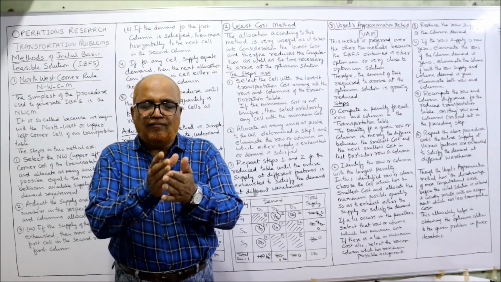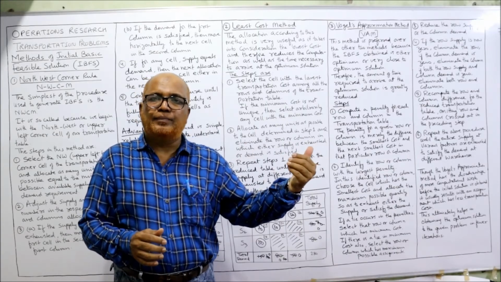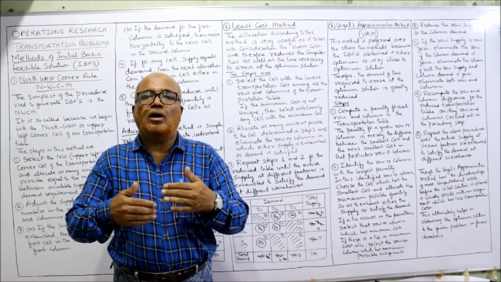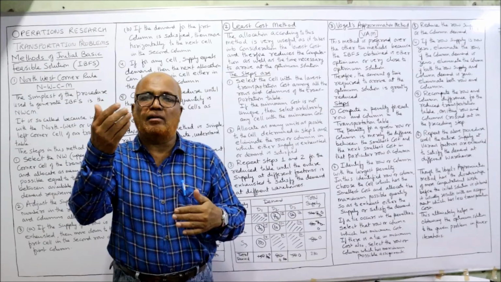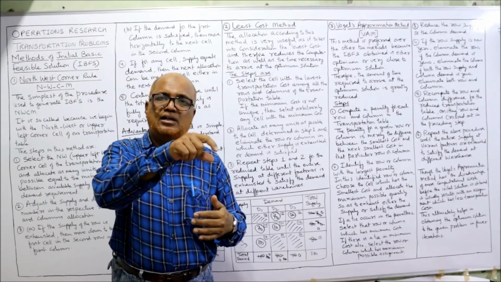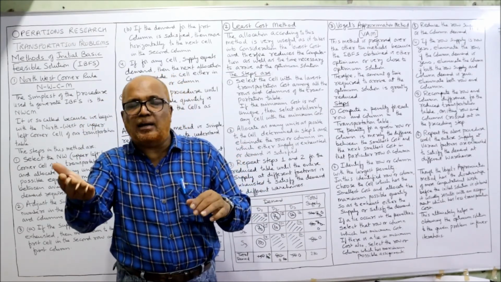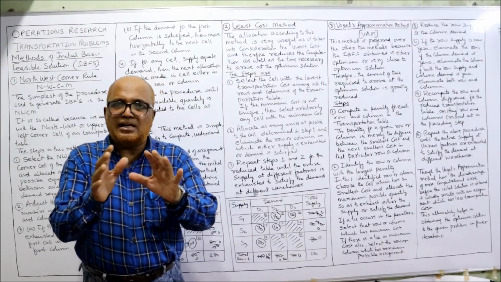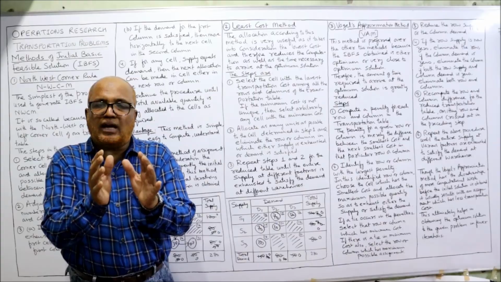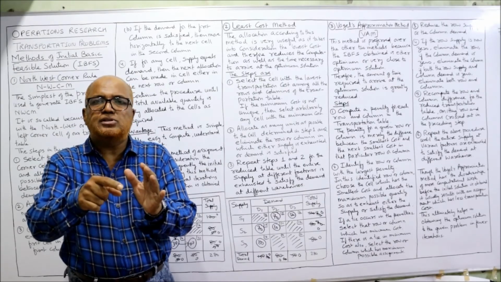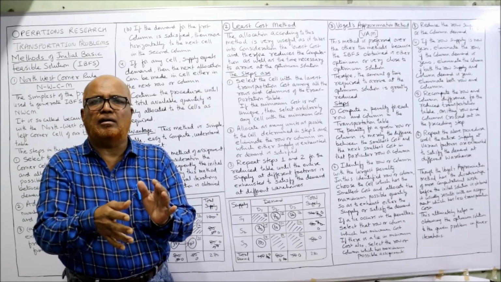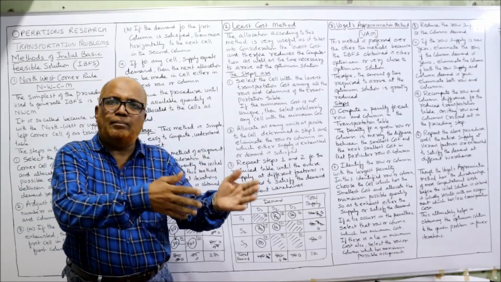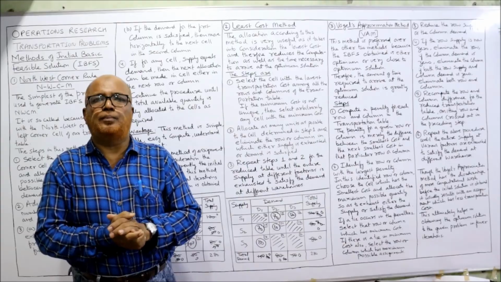When we find out the IBFS through VAM, it will require a little bit more computation because you have to calculate the penalty, highest penalty, least cost, allocate, second time penalty, third time penalty. It's time consuming. But whatever time is consumed, the optimum solution is very, very near. Many times the IBFS itself will become optimum.